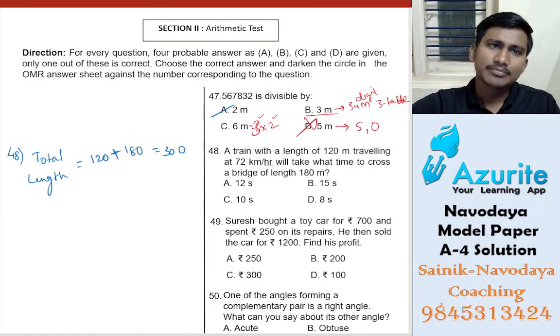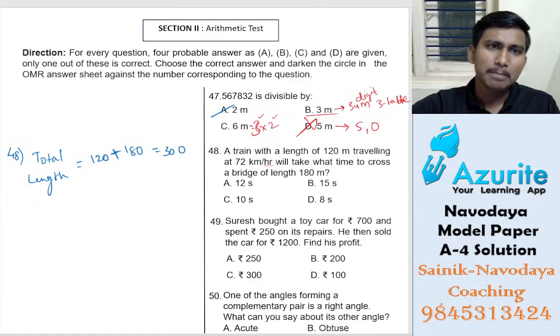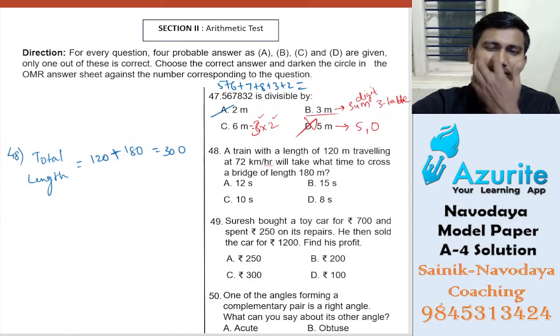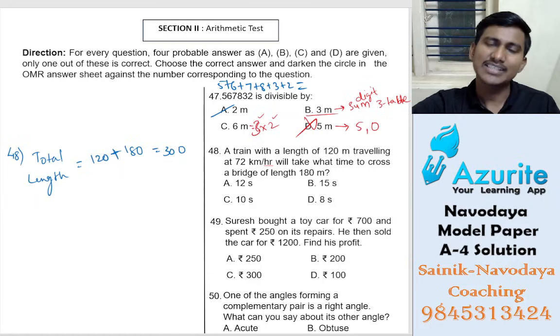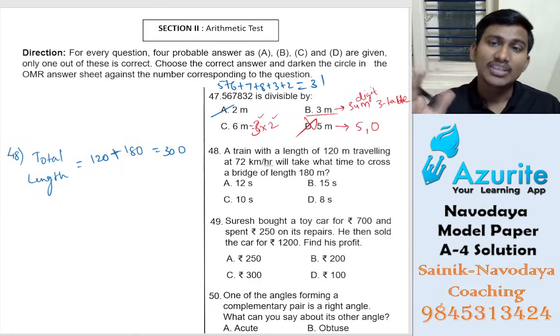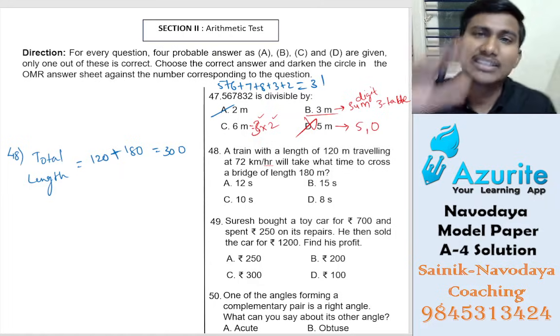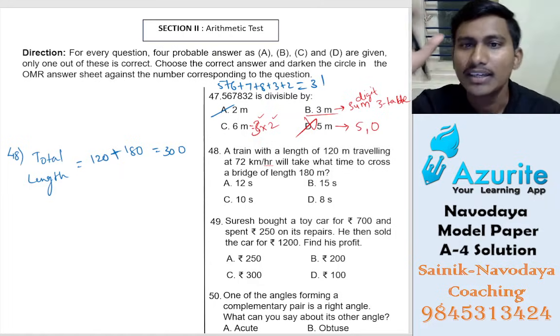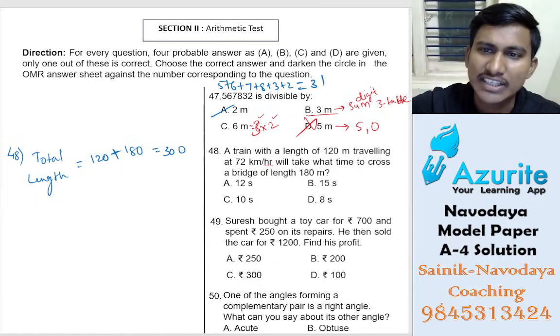So 5 plus 6 plus 7 plus 8 plus 3 plus 2 will be how much? 5 plus 6 is 11. 11 plus 7, 18. 18 plus 8 is 26. 26 plus 3 is 29. 29 plus 2, 31. 31 will not come in the 3 table. 11 threes are 33 will come. So 31 is a prime number, it will not come in any table. That is why it is not divisible. So 3 is not divisible.